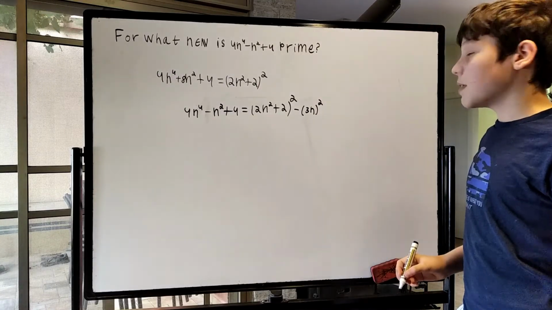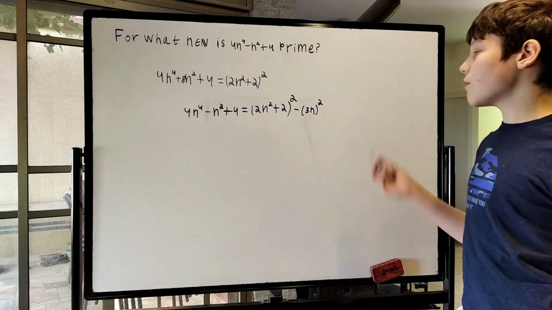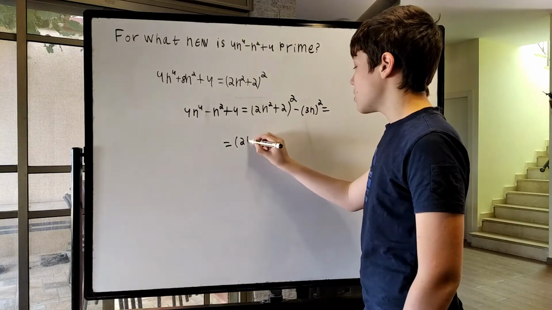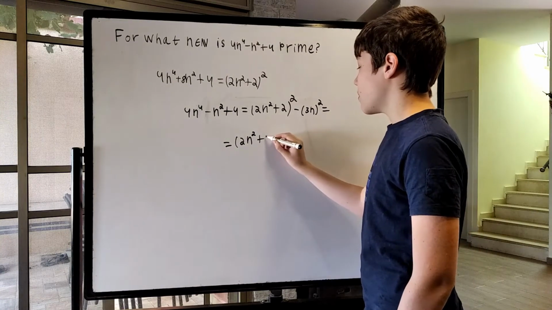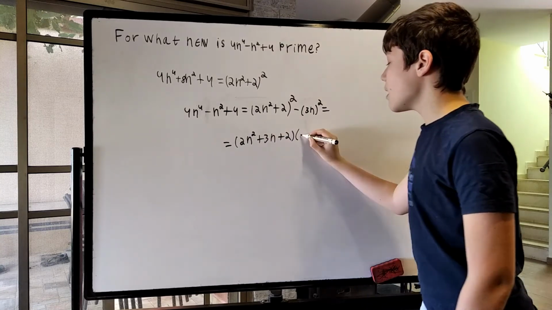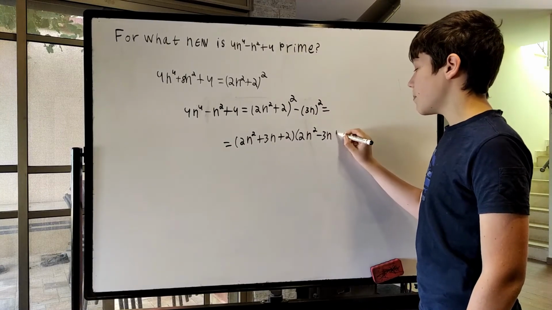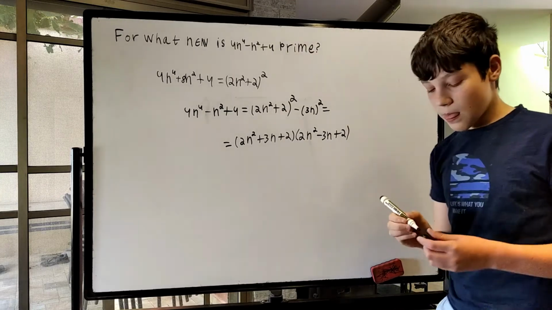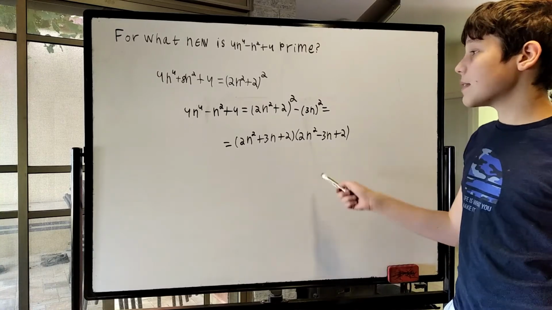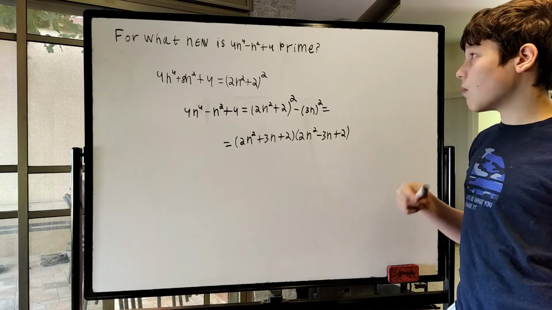And that means that now we have our difference of squares, and now we can use the difference of squares formula to get that this is 2n squared plus 3n plus 2 times 2n squared minus 3n plus 2. Now we have a product. And now that means that this number is never prime as long as both of these are bigger than 1.